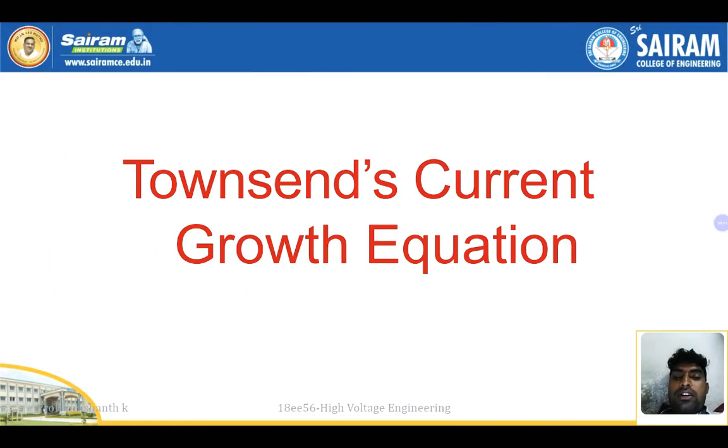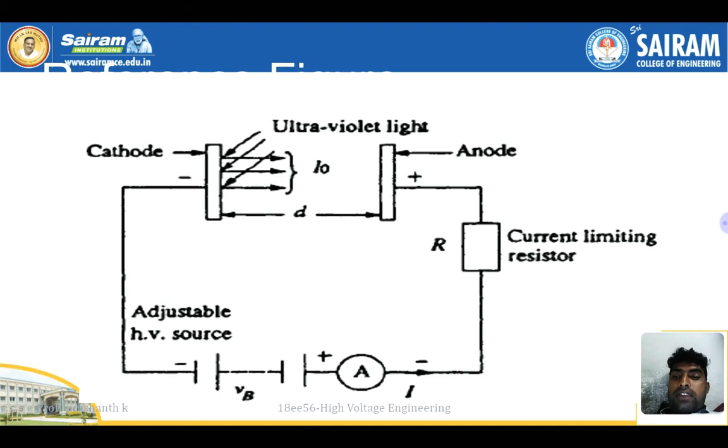Townsend current growth equation. As you can see in the diagram, there is a supply voltage VB, or the supply battery. There are ultraviolet rays for energizing purposes, and a cathode and anode. There is recombination, and inside there is diffusion, right? The current limiting resistor controls the flow of electrons.